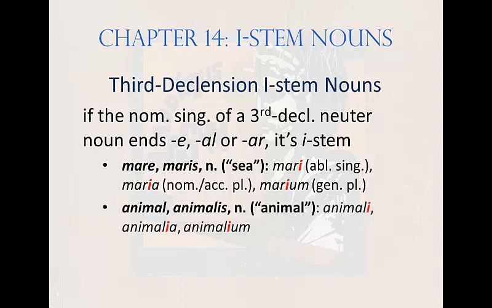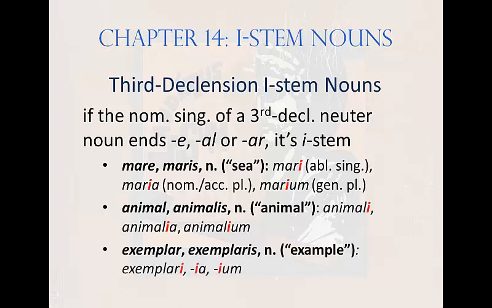Another example is animal, animalis, meaning animal. Its ablative singular will be animali, its nominative and accusative plural animalia, and its genitive plural animalium. And third, exemplar, exemplaris, meaning example, will have exemplari, exemplaria, and exemplarium as its I stem forms.